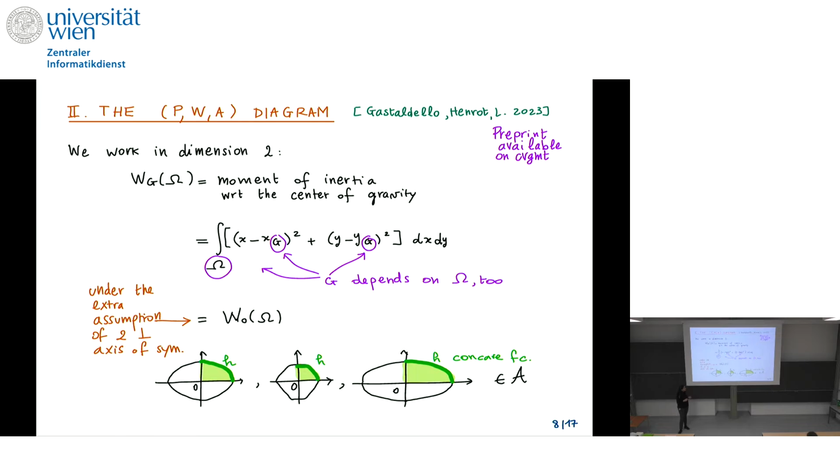And something that is also useful in the proofs is that this shape can be described by this function here, which describes the boundary. The boundary here is the graph of a concave function.